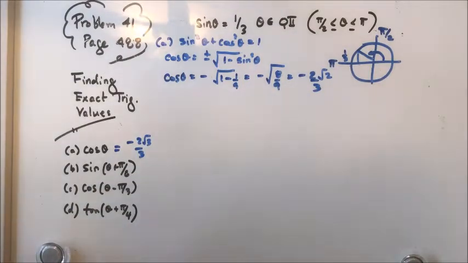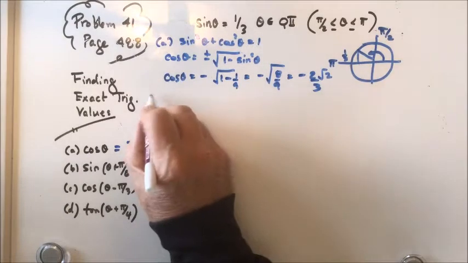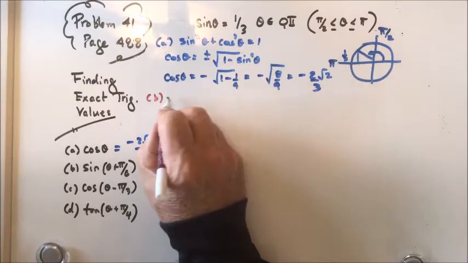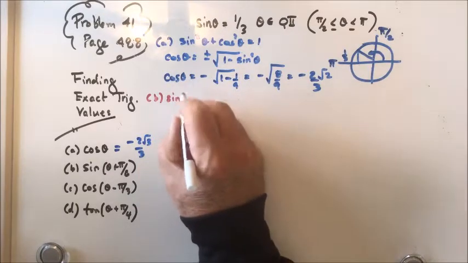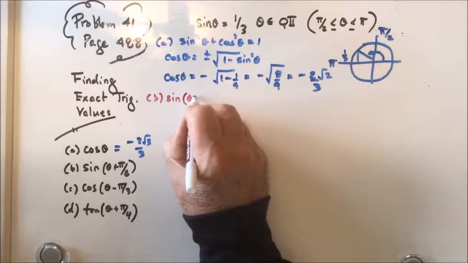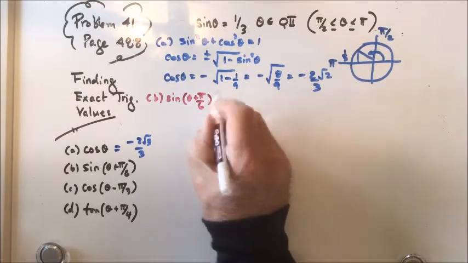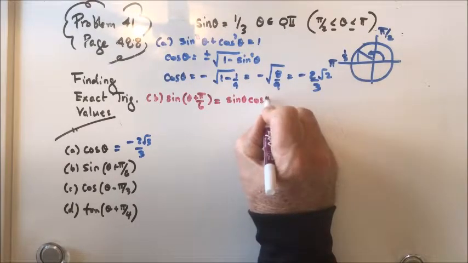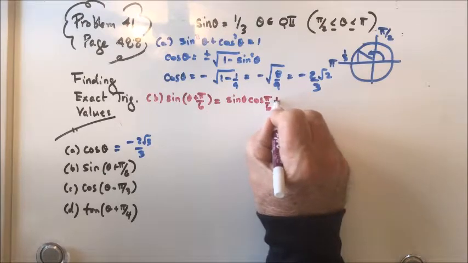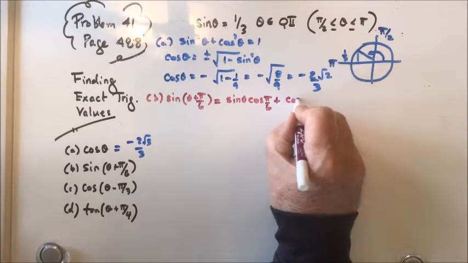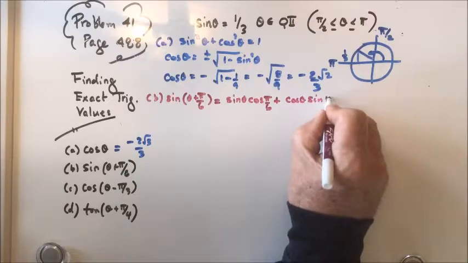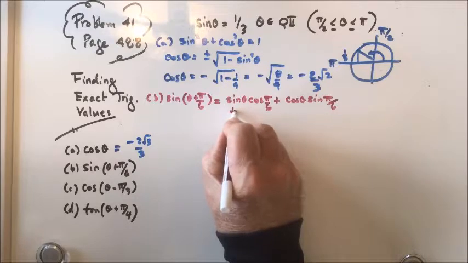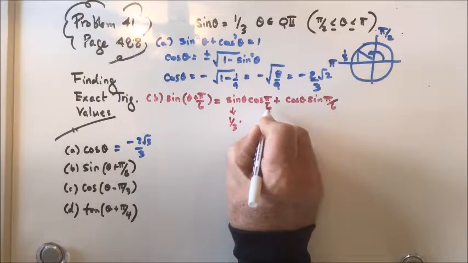Next problem we're going to take on is the sine of theta plus pi over 6. So we're going to now go to the shelf and pull down a sum and difference formula, and that formula is the sine of theta times the cosine of pi over 6 plus cosine of theta times sine of pi over 6. And we're going to see if we know these things. I think we do. Here's the sine of theta, that's 1/3, times what's the cosine of pi over 6?